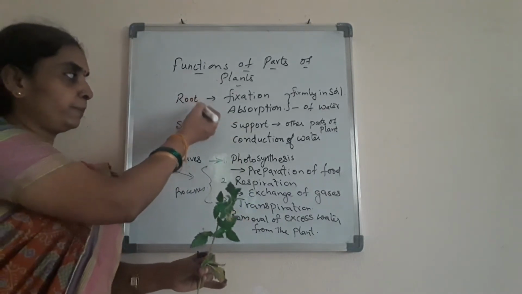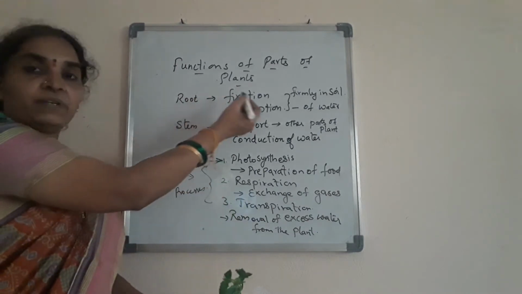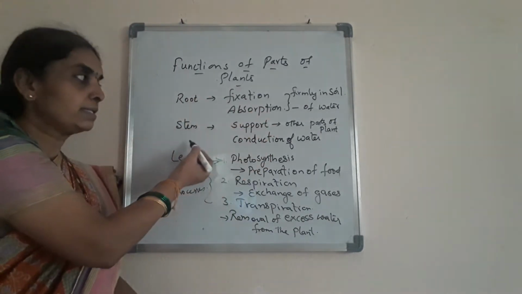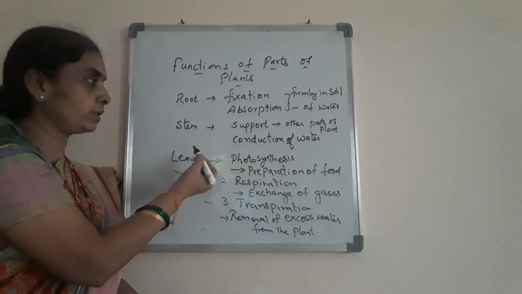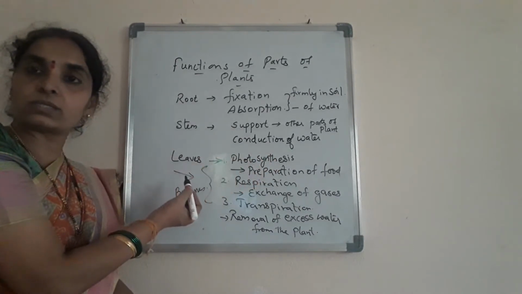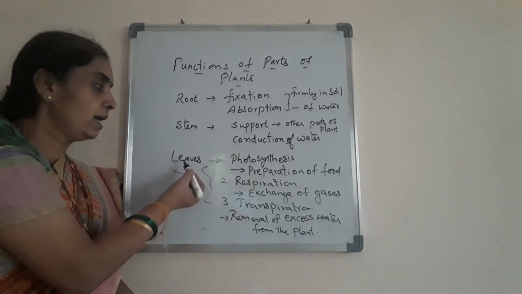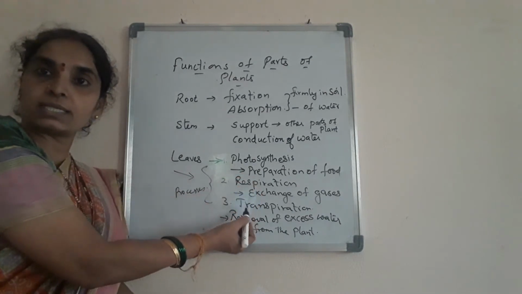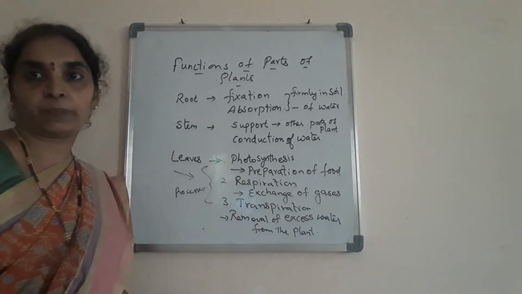So the parts of the plant like roots help in fixation and absorption, the stem helps in giving support to the plant and conduction of water and mineral salts to all the parts of the plant, and leaves take part in photosynthesis, respiration and transpiration.